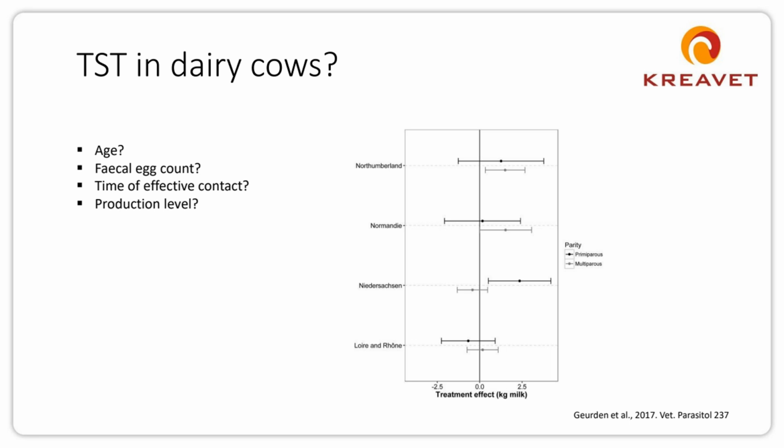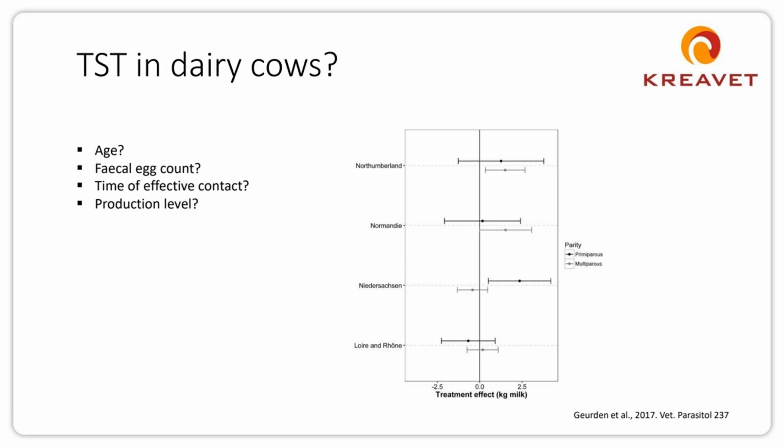And yes, research has been going on. We have been working on that also in France. They've worked a lot on that, and several factors have been evaluated. For instance, can we target treatments to the younger or older animals? Can we use fecal egg counts? Can we use the time of effective contact? Can we use production level, so target the lower or the higher producing animals?